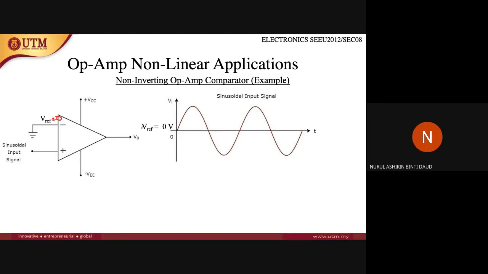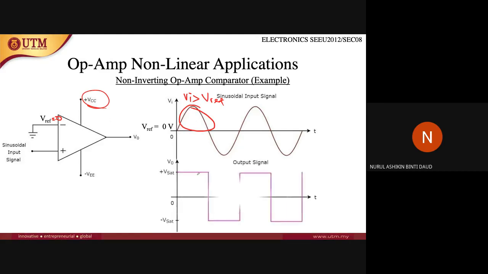So how will the output signal be? At the positive half cycle of the sinusoidal input signal, since VI is bigger than V reference, it will go to positive V saturation, which is the positive VCC value.